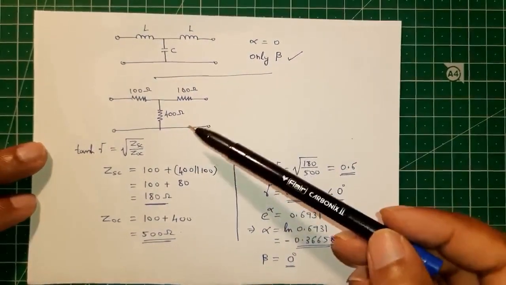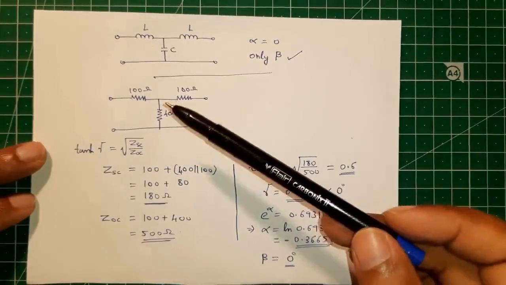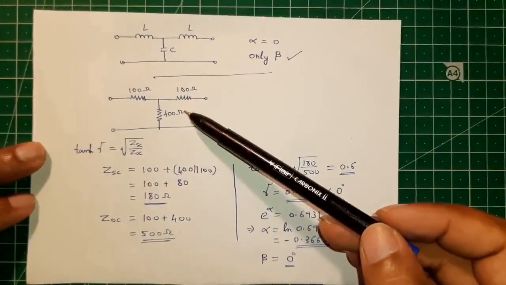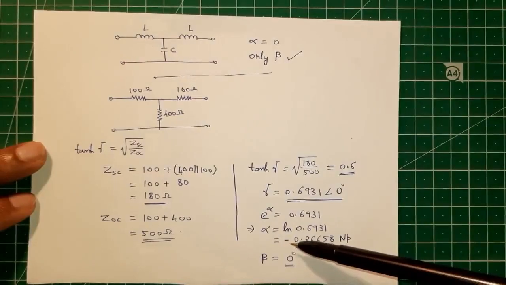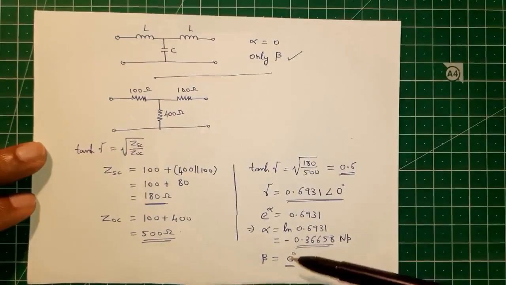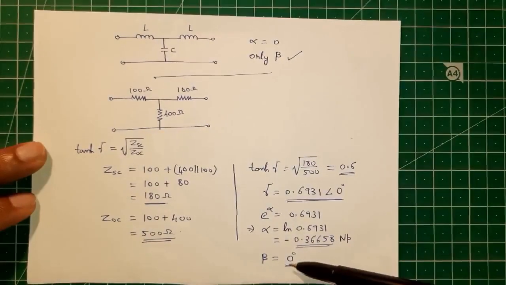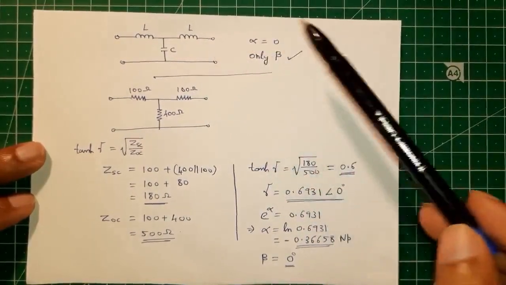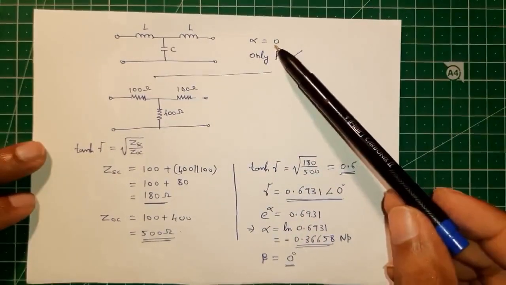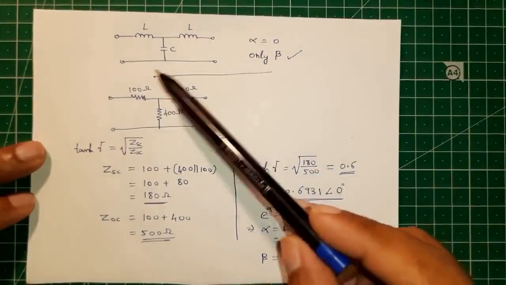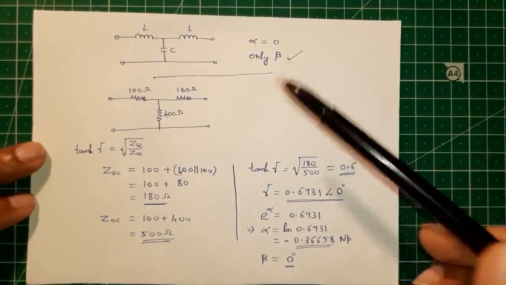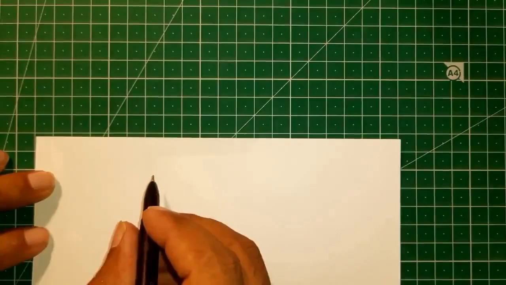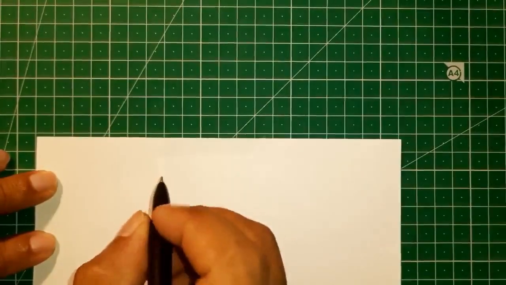When the network consists of only resistive elements, we get only the attenuation constant and the phase shift will be equal to 0. And when the network consists of only purely reactive elements, we will have 0 attenuation, whereas the signal will be phase shifted.